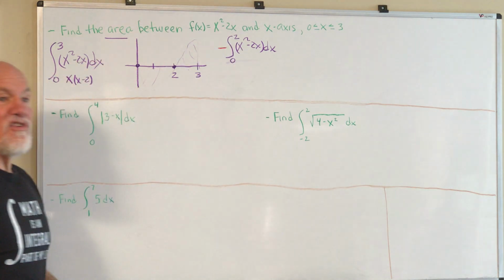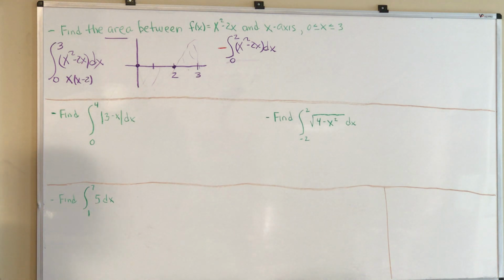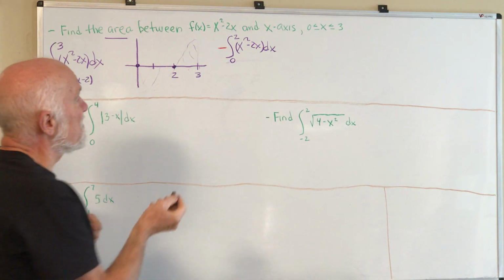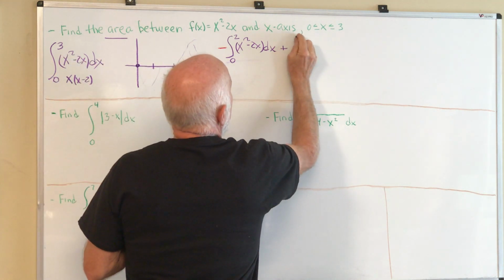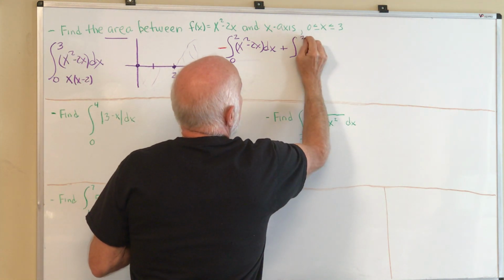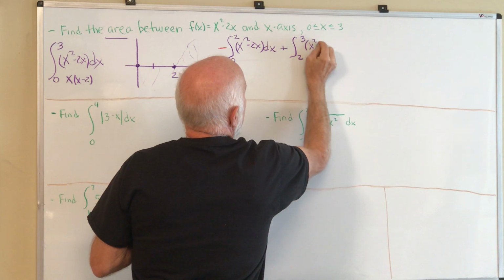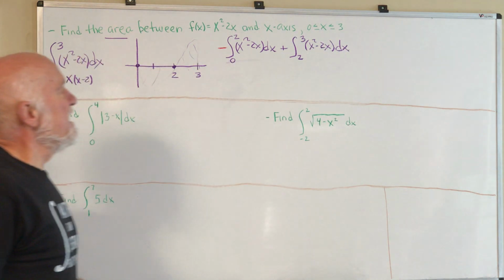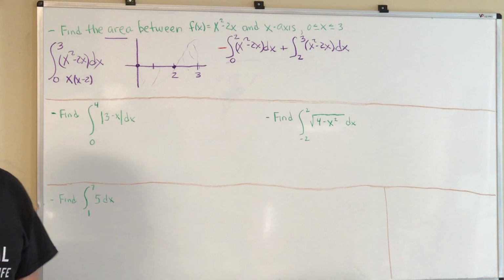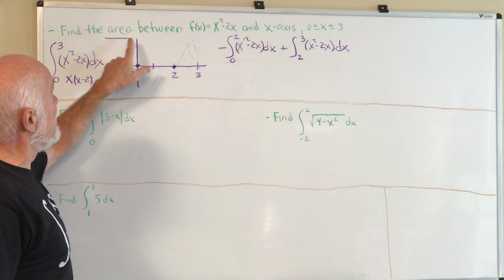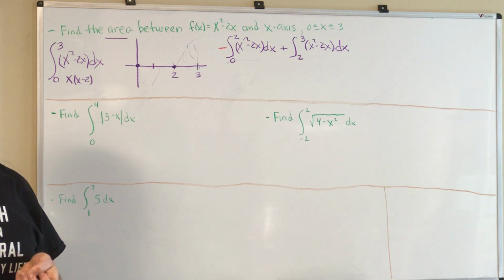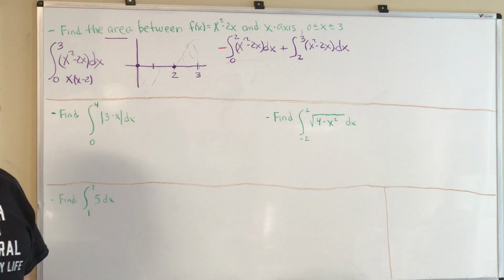Now I'm just turning the signed area into real area. Now from 2 to 3, since this is above the x-axis, we can just go plus the integral from 2 to 3. And if we solve that, we're going to find the area between this function and the x-axis, and we'll have solved it.